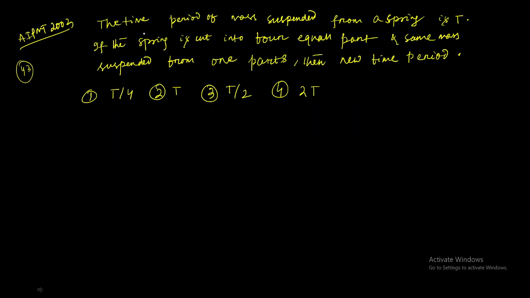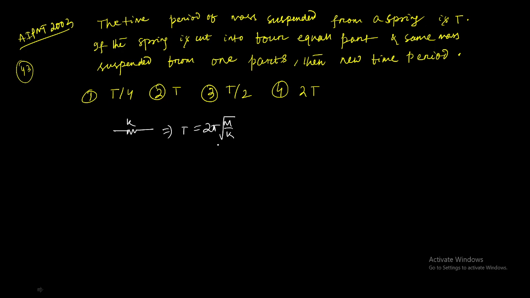Now 43. The time period of mass suspended from a spring is T. If the spring is cut into 4 equal parts and the same mass is suspended from one part, then what is the new time period? So first, this is the spring K. Here the time period is equal to 2 pi root over m by k.